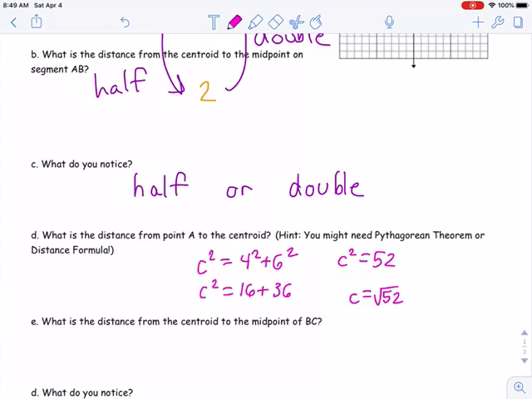Let me get my calculator really fast. It's going to be bigger than 7.2.